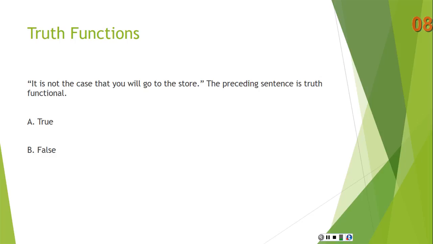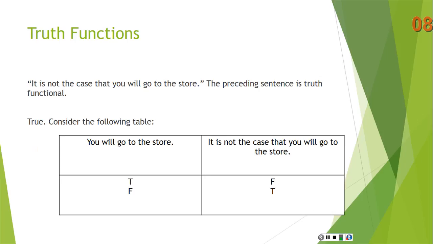How about this one? It is not the case that you will go to the store. The preceding sentence is truth functional, true or false? True. Consider the following table. When you will go to the store is true, the statement, it is not the case that you will go to the store, is false.